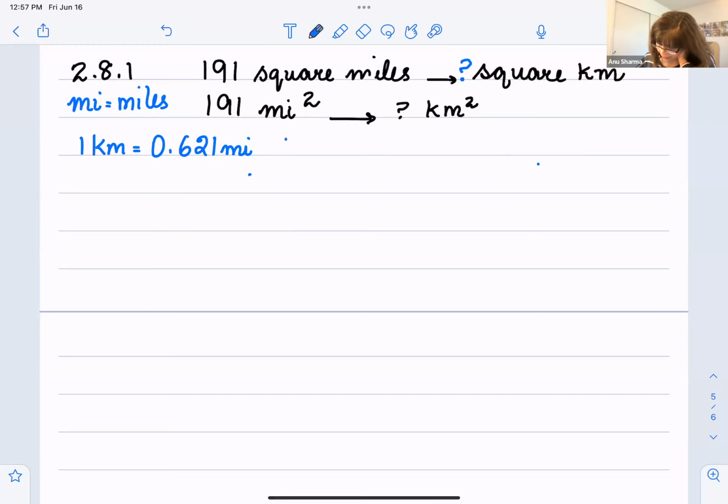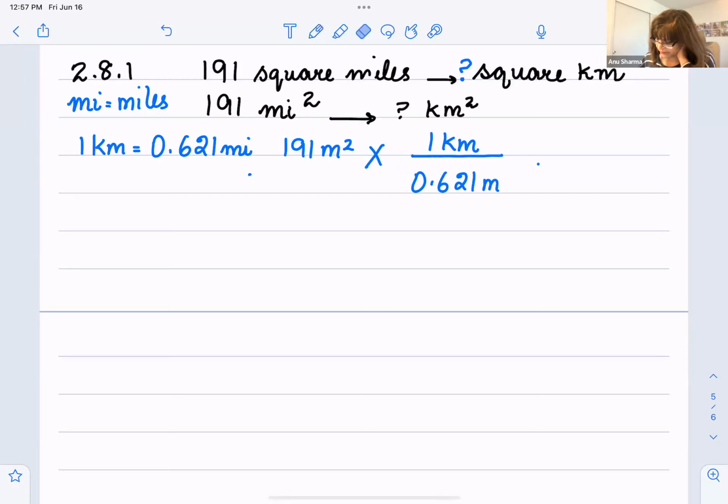In this case, 191 miles square times. Now, since we want it in kilometer square, we will have to do this. So 1 kilometer, this is what we need, and we have 0.621 miles, and you square the whole thing.